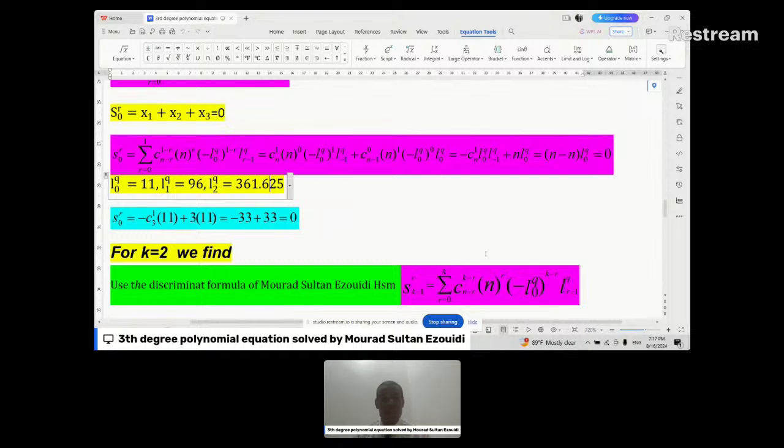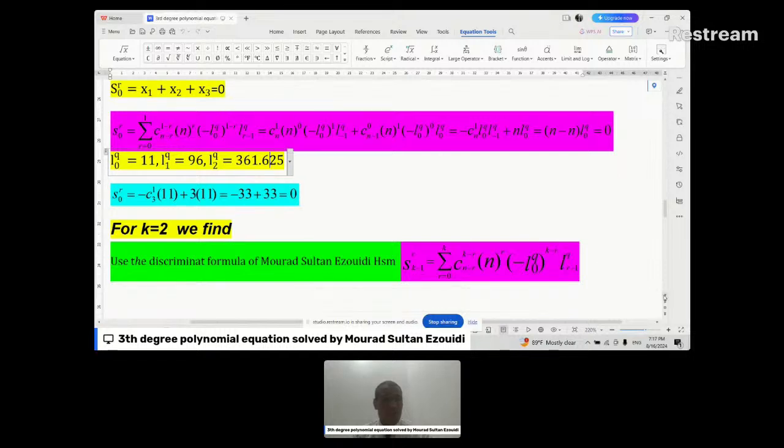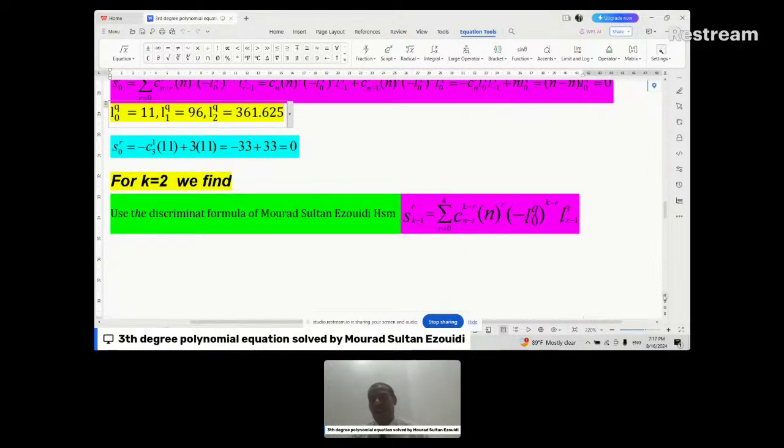Okay, now we continue. I'm trying to find S1, learners. If you would like to find the value of S1, you should put k equal to 1 into my discriminant formula, which is written as subscript k minus 1 of order r equal to the sum from 0 to k of combination n minus r choose k minus r, n raised to the power r, between parentheses negative L0 of the Q raised to the power k minus r, times LR minus Q. Okay, look here, learners, the n here denotes what exactly?